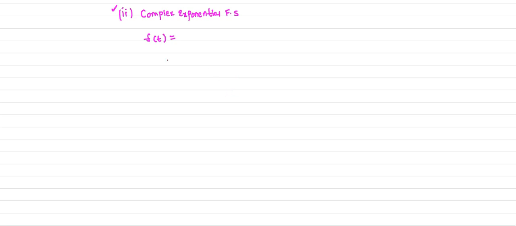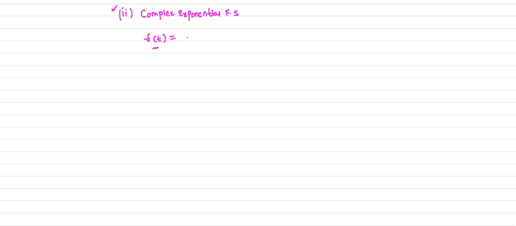In this complex exponential Fourier series expansion, we represent the signal f of t in terms of the linear combination of the complex exponential signals. How are we going to represent it?